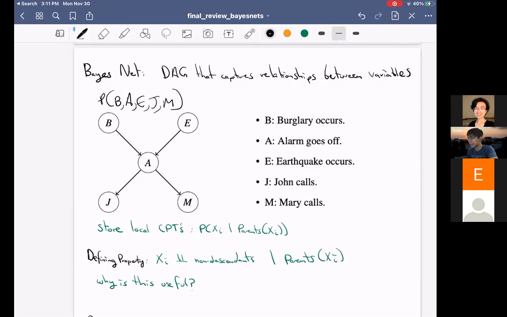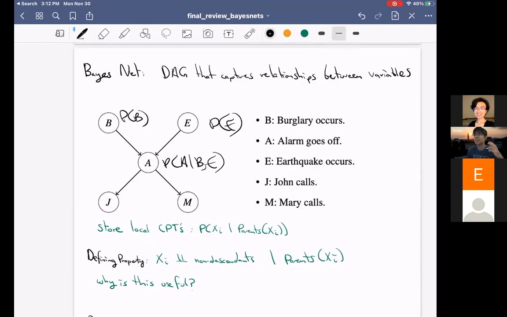So instead we store P of B, P of E, P of A given B comma E, and so on. Those are smaller probability tables that aren't going to grow as much as the number of variables increase.